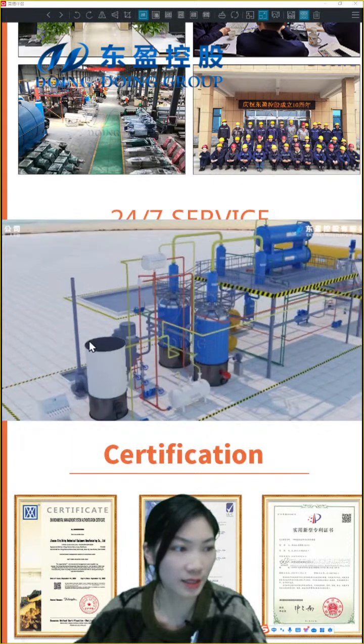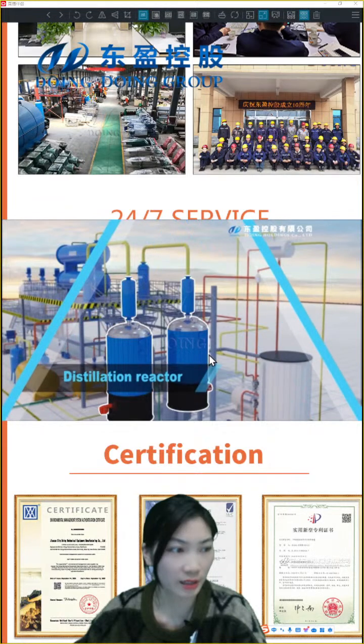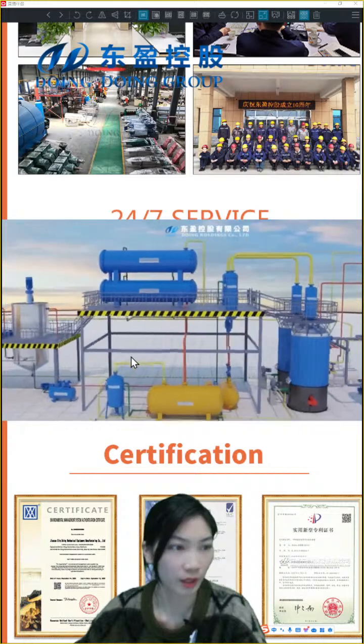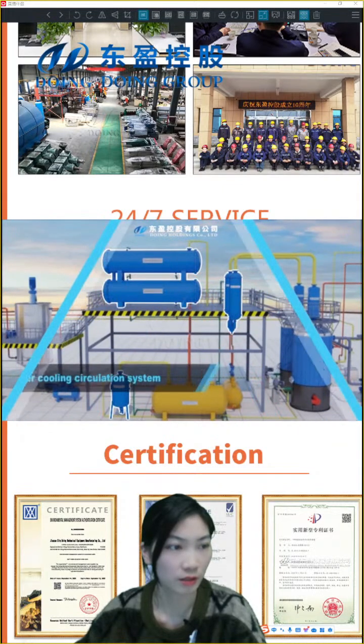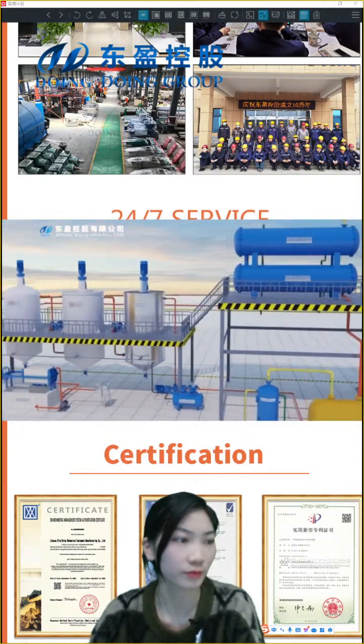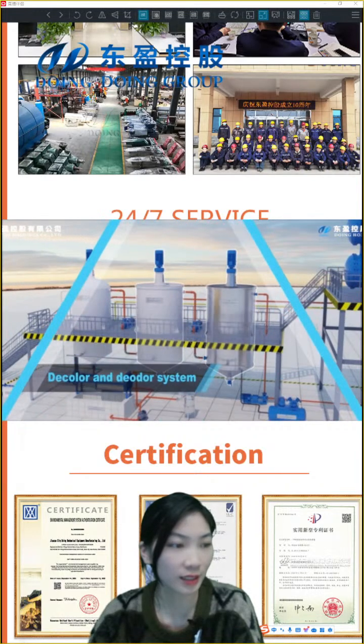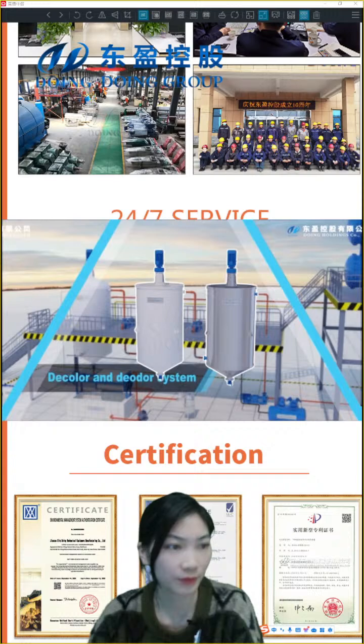Okay, and this is the indirect heating system. This is the reactor. This is the water cooling condenser system. This is the decolor and deodor system.